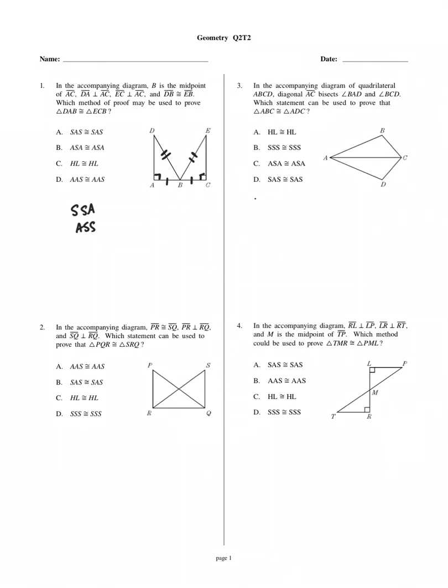But when we have SSA or ASS, they're the same thing, under the condition that these angles are right angles, that is hypotenuse leg. That's why it is often referred to as the donkey theorem. All right, so this is hypotenuse leg.